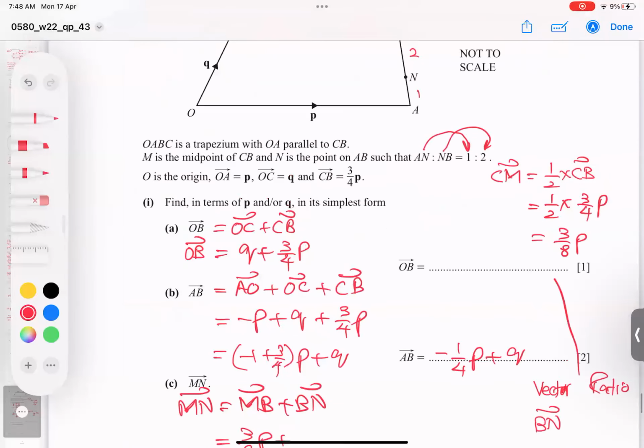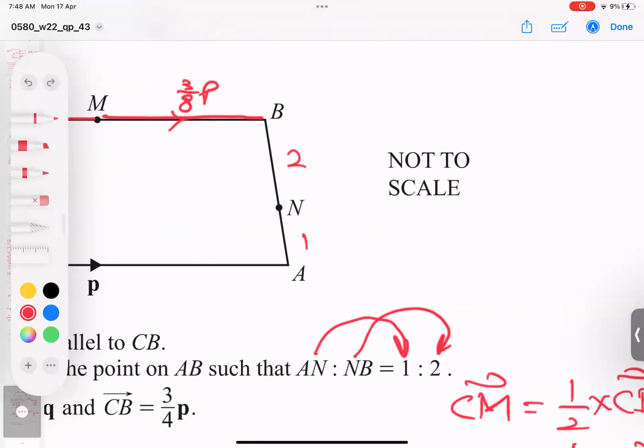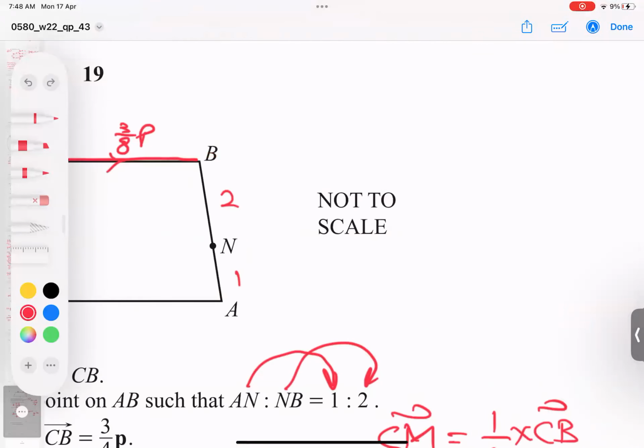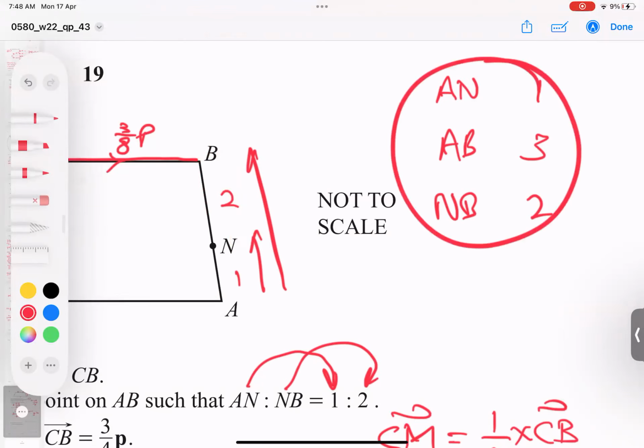You can see on the top, the BN ratio is 2. Actually, on this line we have 3 vectors. Let me write all. A to N is 1 ratio, A to B 3 ratio, and N to B 2 ratio. But at a time we can use only 2. We can use any 2.